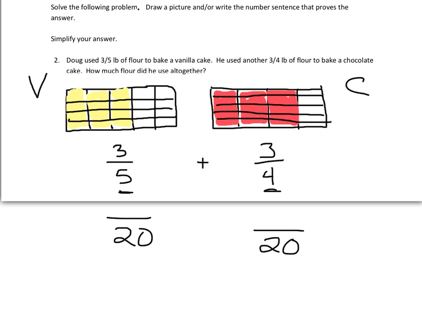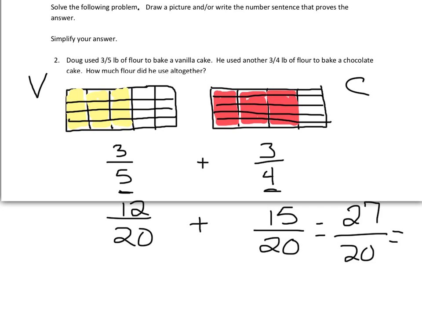There's 4 in each section here, so 1, 2, 3, 4, 5, 6, 7, 8, 9, 10, 11, 12 20ths, plus the chocolate cake with the flour. There's 5 in each column going down, so you have 1, 2, 3, 4, 5, 10, 15 20ths. 12 plus 15 equals 27 20ths.